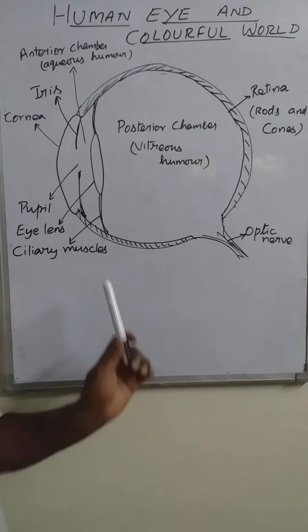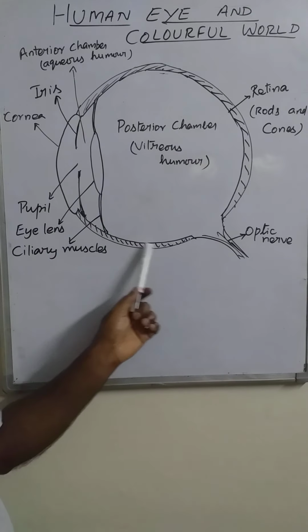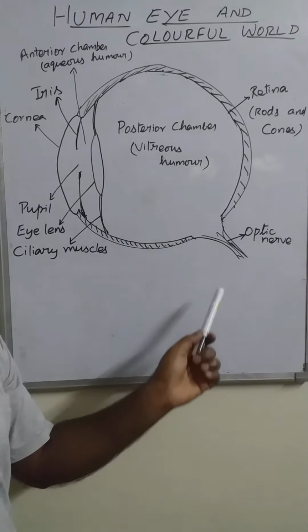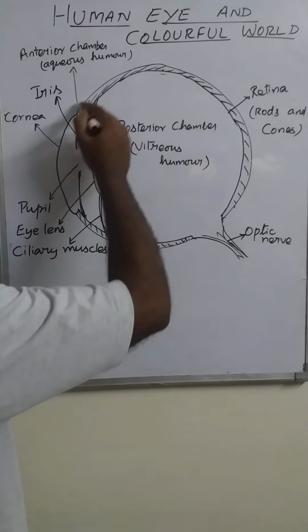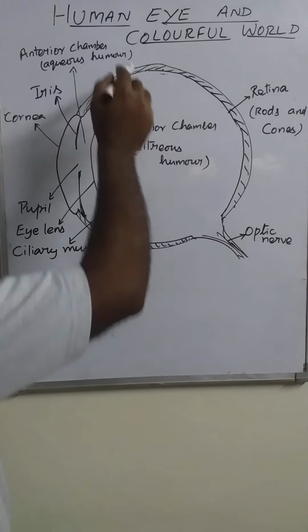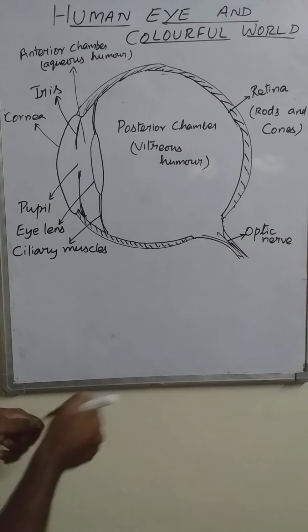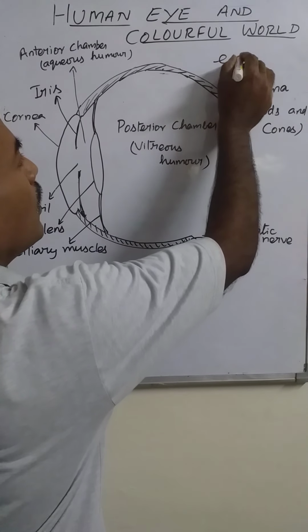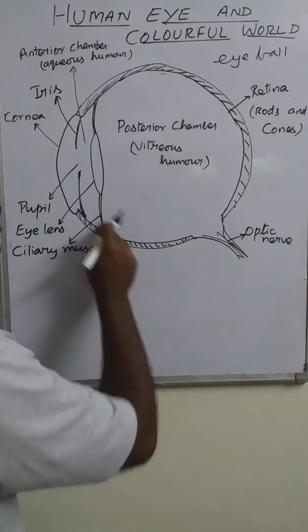You see, the structure of the human eye looks circular, but it is actually spherical. The whole structure of the human eye, we call the eyeball. This is the eyeball. The whole structure.